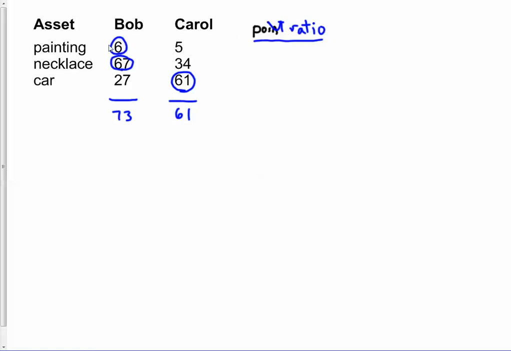We're only doing this for the things Bob is getting. So 6 divided by 5 is 1.2. That's the point ratio for the painting. And for the necklace, it's 67 divided by 34, which is 1.97 or thereabouts.